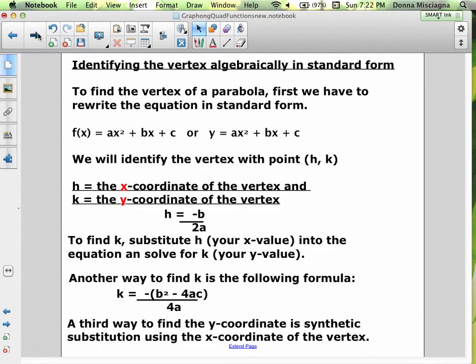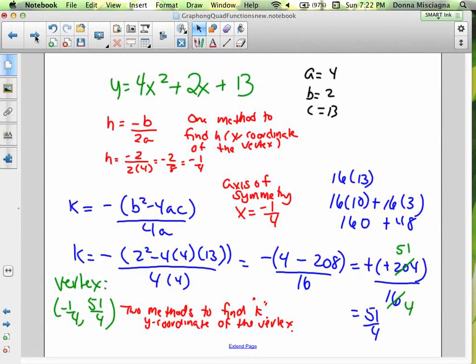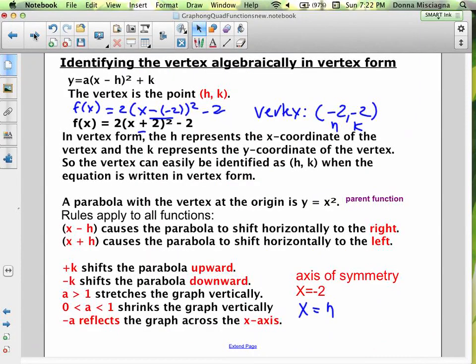Now let's go ahead. All right, so here we have the equation in standard form, and we found the vertex is -2, -2. The axis of symmetry is just a vertical line through the x-coordinate of our vertex. This was another equation. So our axis of symmetry was x equals -2. There it is right there.